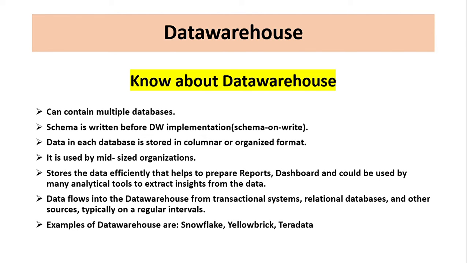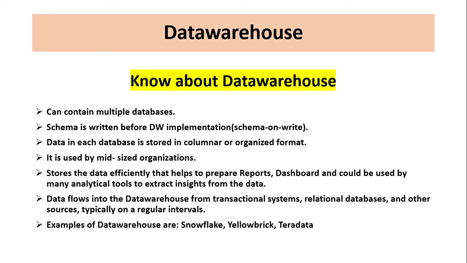Data warehouse. Data warehouse is the extended version of a database. This is the simplest way we can understand it. A data warehouse consists of multiple databases, wherein each database will have a particular schema, a particular table format, particular columns. So this is like a data house. As we have seen, the schema was already there in the database, and the data was transformed data, where some kind of operation had already been performed.